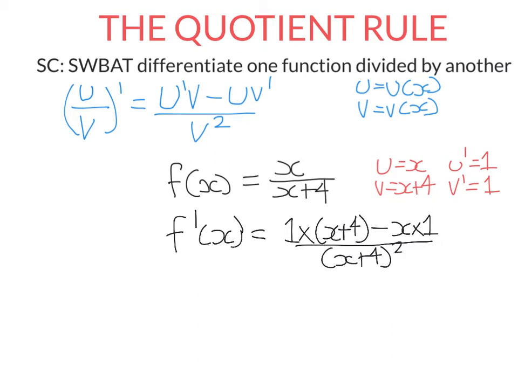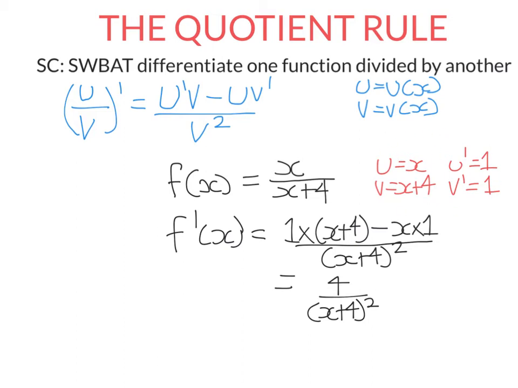So I can fix up the top: x plus 4 minus x, well that just leaves you with 4. So it turns out that we get 4 over x plus 4 squared. So that is our answer. They're not all like this, where they simplify to something that looks quite neat. This was just an easy introduction. Once again, I wrote out the u's and v's, which you might want to do at the start, but once you get the hang of it, this might not be worth your time doing.